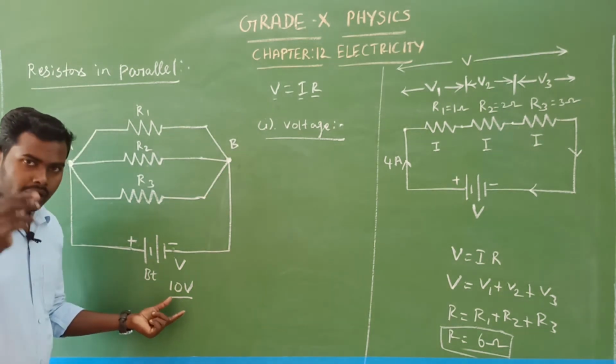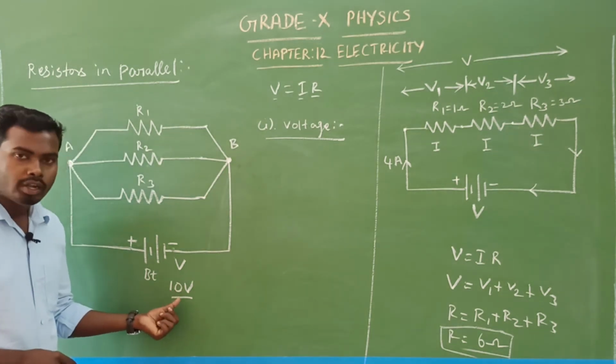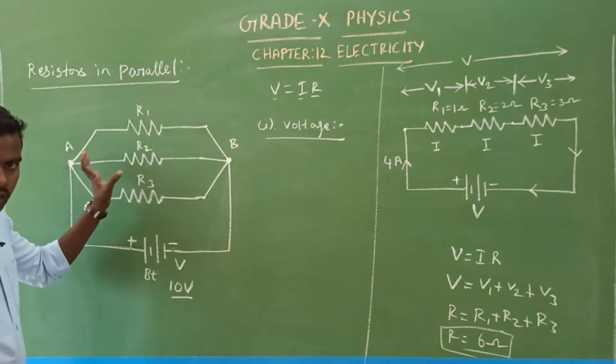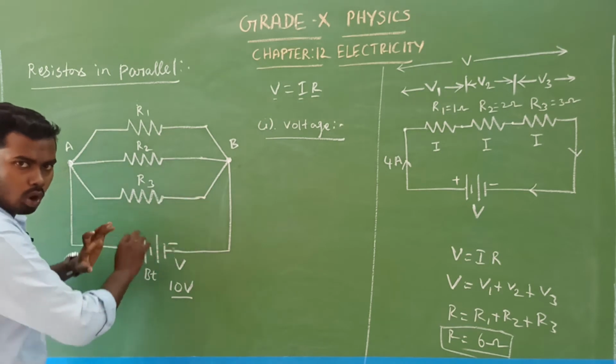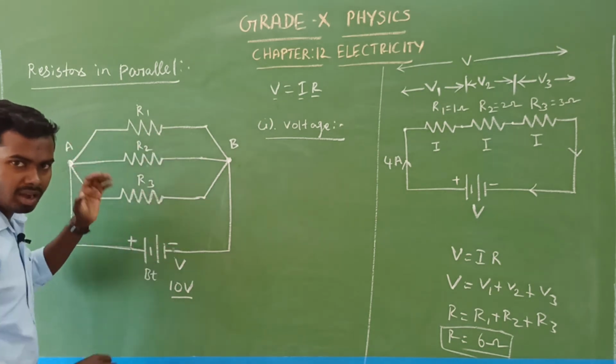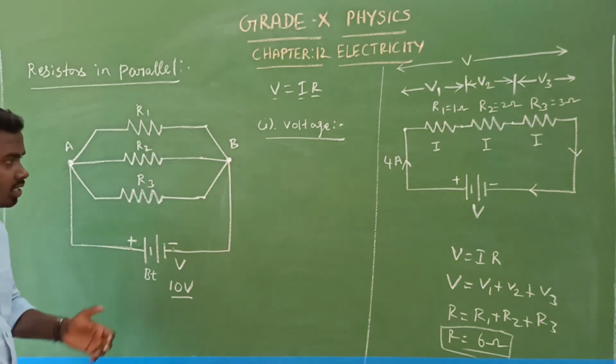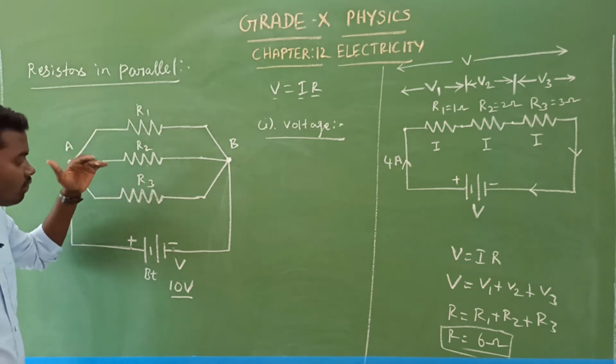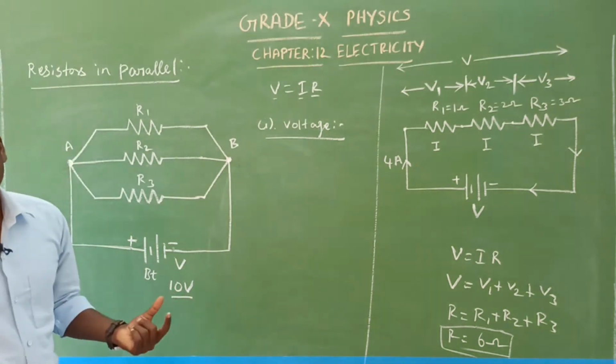So when we apply 10 volts potential difference throughout the parallel combination of resistors, note this point, each resistor will have the same amount of potential difference.